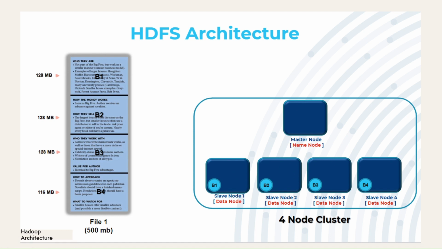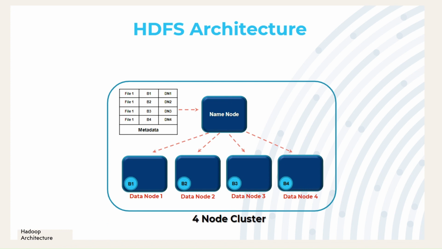The master node will be responsible for storing the metadata, that is, data about data. Just take an example. We have a file 1 divided into different blocks B1, B2, B3, B4, where B1 is at data node 1, B2 at data node 2, B3 at data node 3, and B4 at data node 4.